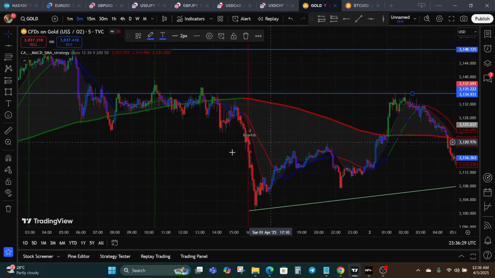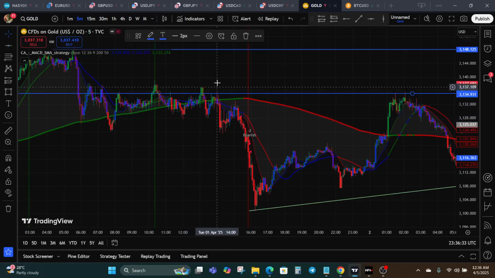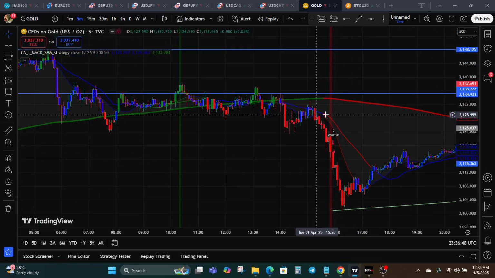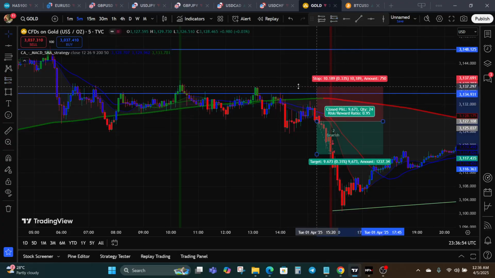You remember, resistance are areas where price is being hindered from going further upward. So when you get a sell signal around the resistance zone, it shows that there is a higher chance of that sell playing out. You just have to watch out for sell confirmation candlesticks, and then once you get a good sell confirmation candlestick like what we had here, then enter your sell trade.